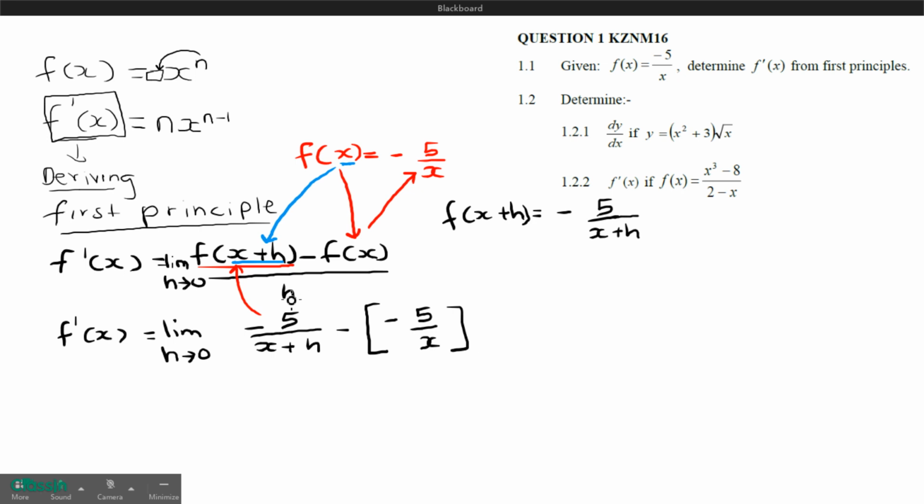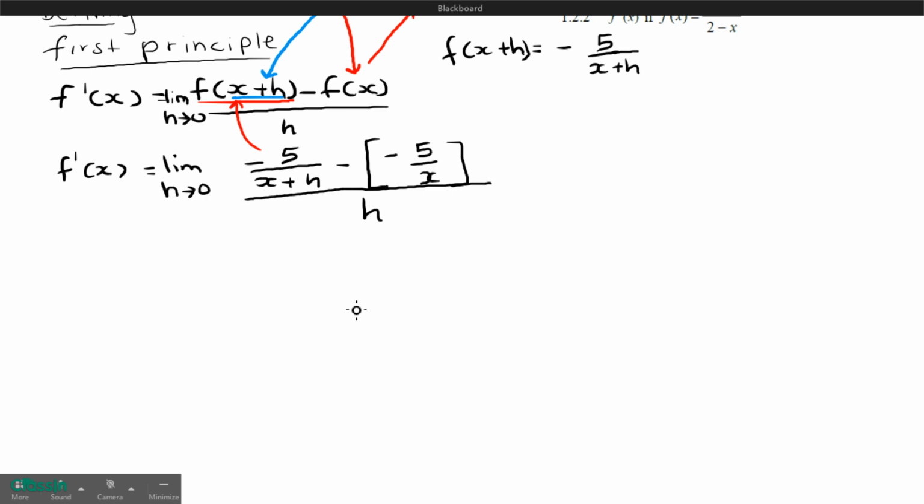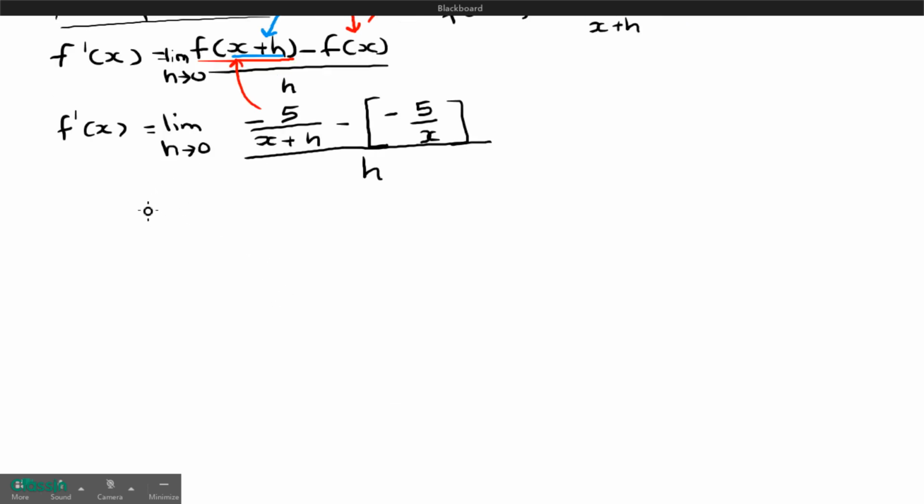They say that everything must be divided by h. So our denominator is h. Once we are done here, we must work out the numerator. But now we say the limit when h approaches 0 of negative 5 over x plus h plus 5 over x, everything divided by h.